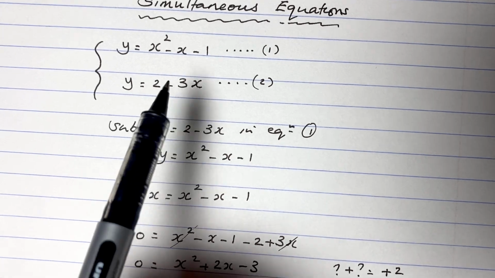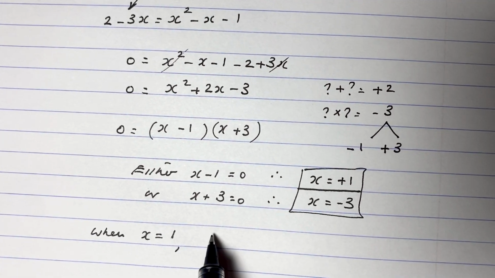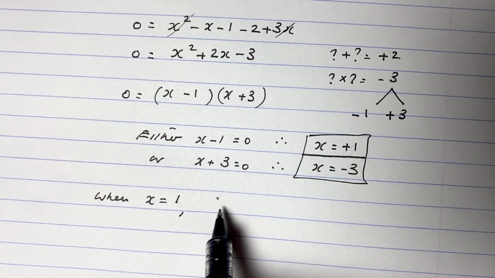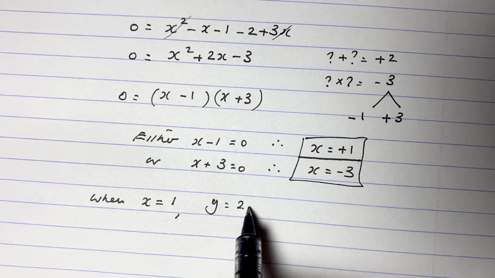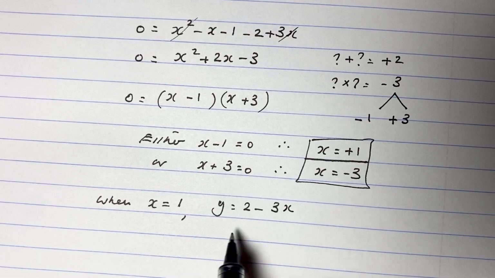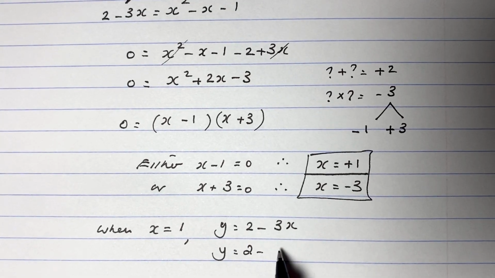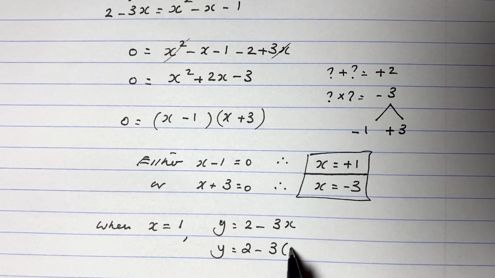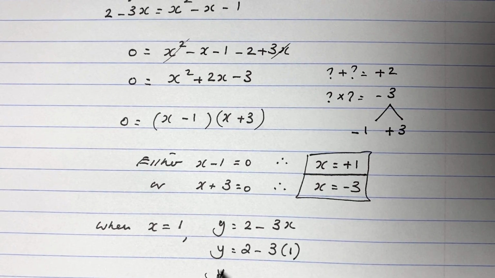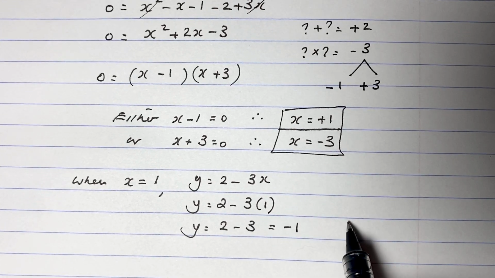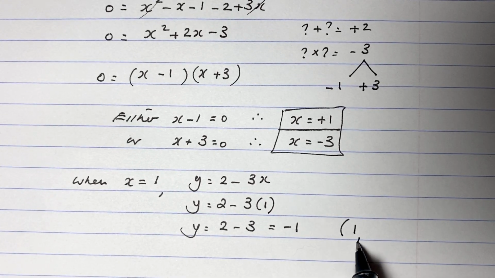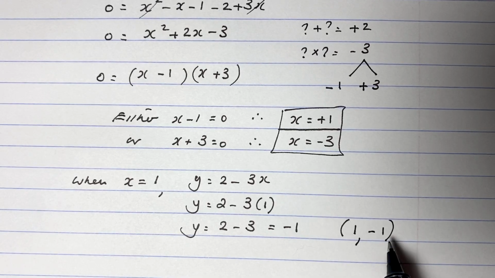So I use the easy one. When x equals 1, y equals 2 minus 3x, that's equation number 2. And I substitute. y equals 2 minus 3 lots of 1. So y equals 2 minus 3 equals minus 1. So one point of intersection has the coordinates (1, minus 1).